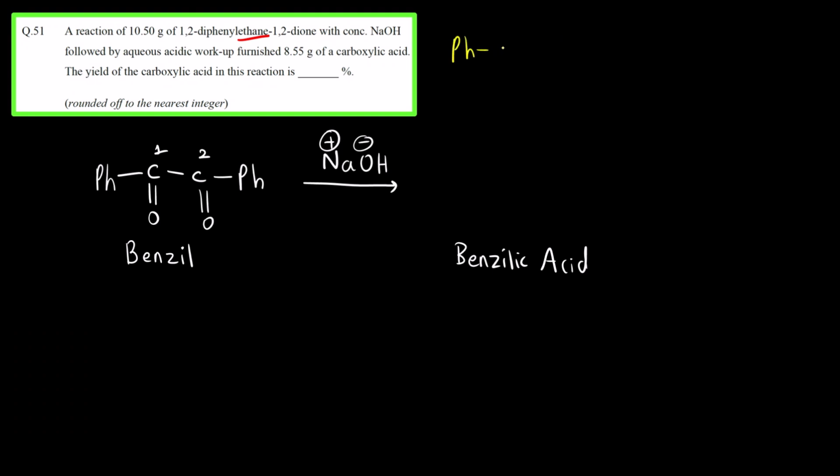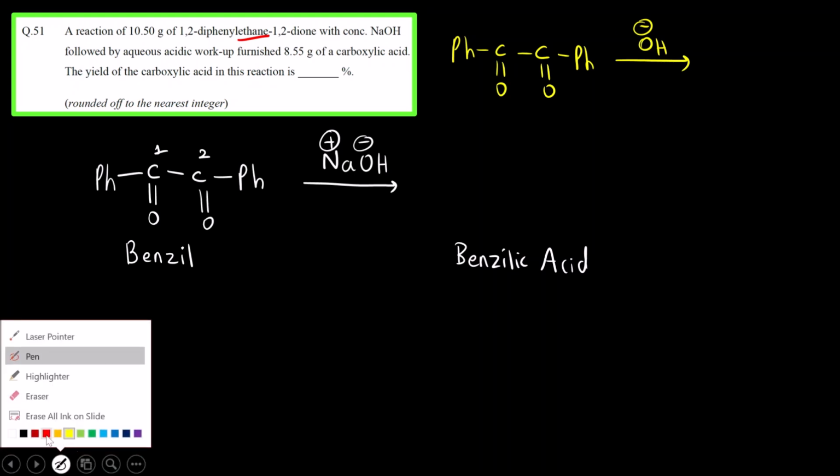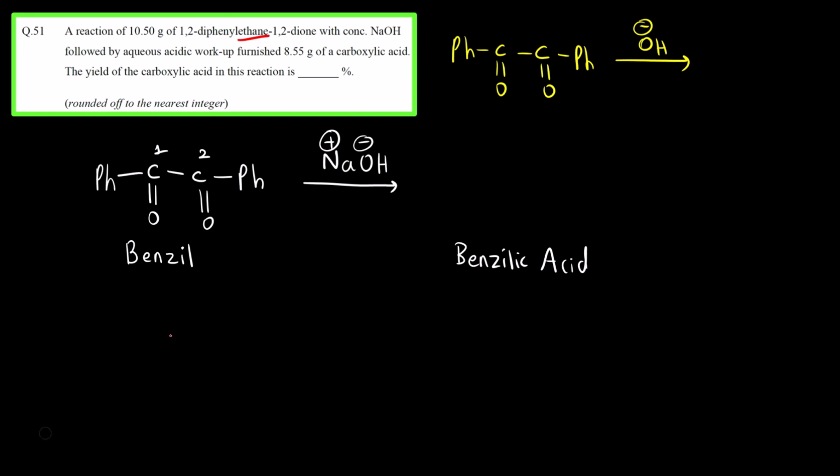So we have Ph-C double bond O, C double bond O-Ph. OH minus is a strong base, but here it will act as a nucleophile. It can act as a base as well as a nucleophile. Here this is delta plus, this is delta minus, oxygen is more electronegative, and this will attack the electron deficient carbonyl carbon, and this carbon-oxygen double bond will open up.